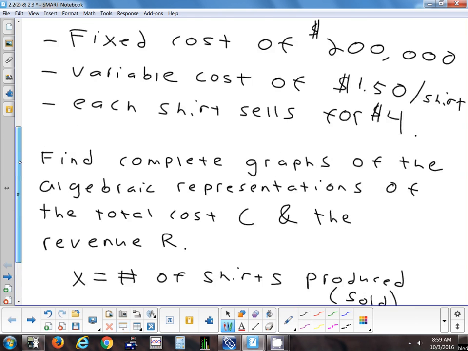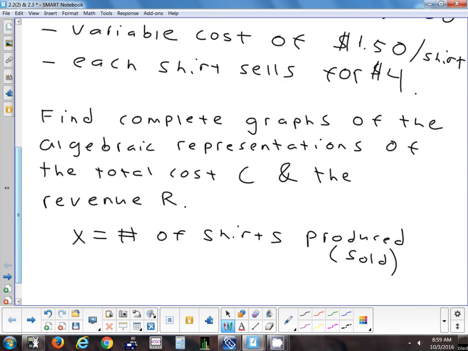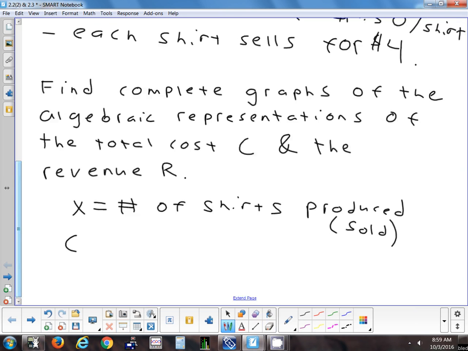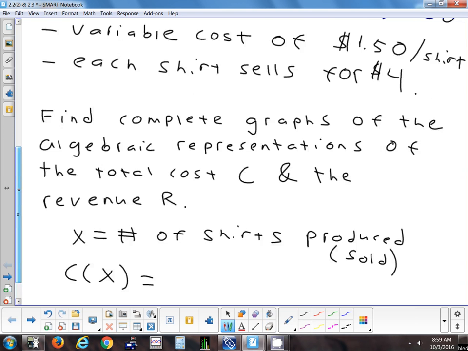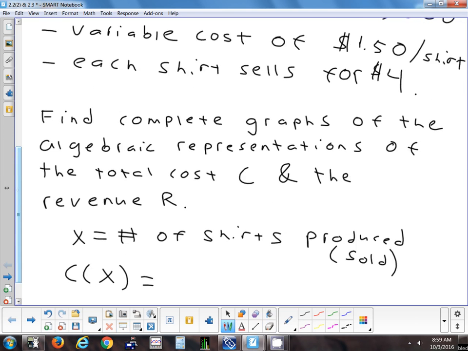So let's start with C of x, our cost as a function of x. What's my formula for my cost going to be? When we write the formula, you need to take into account both costs, the fixed and the variable. Any guesses, John?